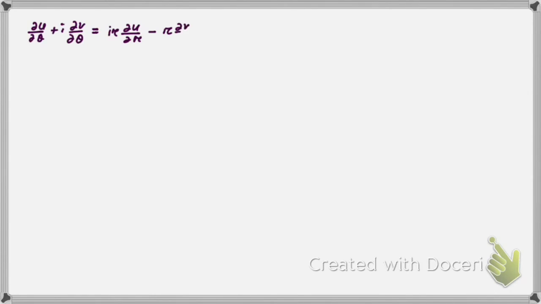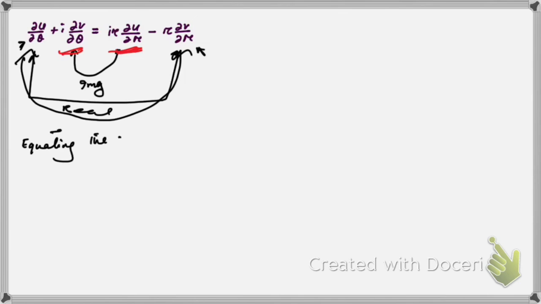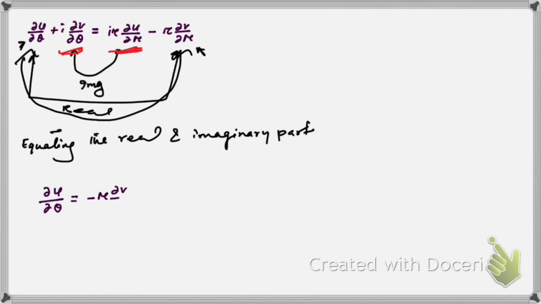Comparing the real and imaginary parts: these two are imaginary parts, and these two are real parts. Equating the real and imaginary parts of both sides, we're going to have this result.